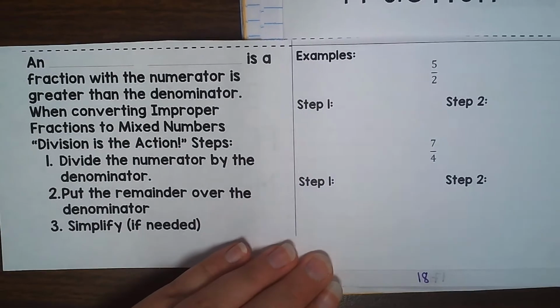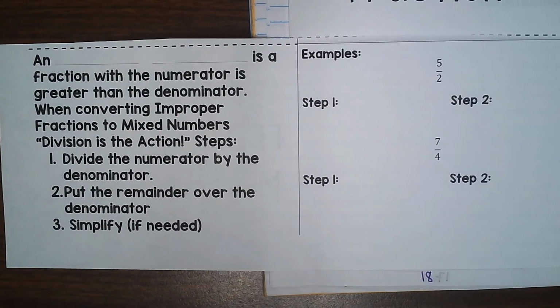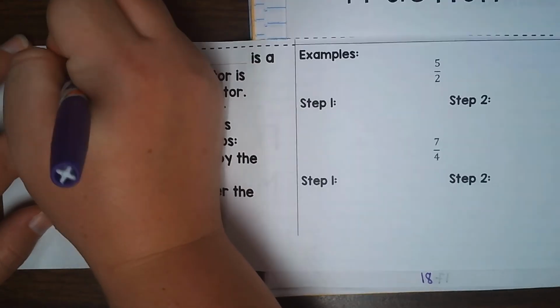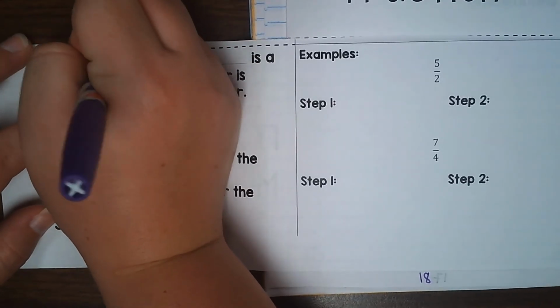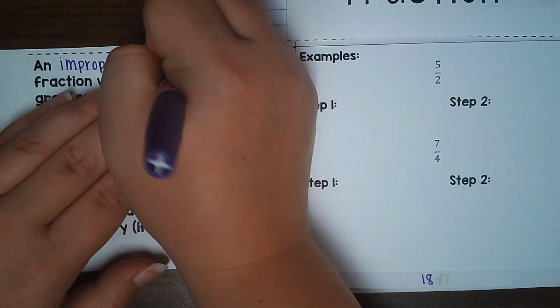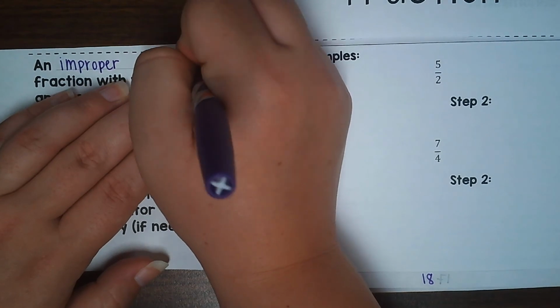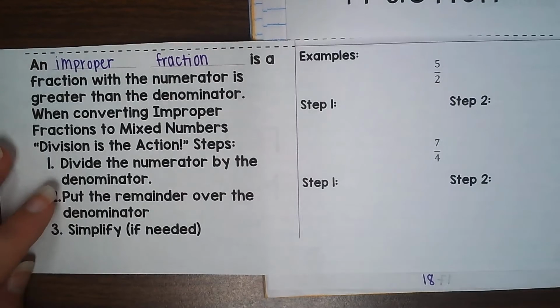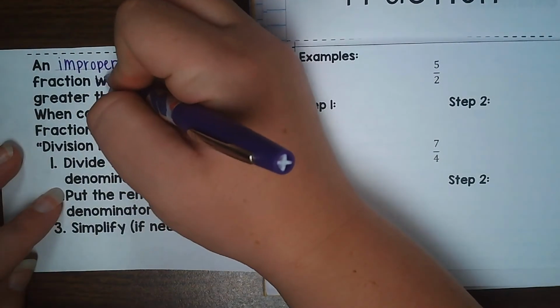And it says, an improper fraction is a fraction, and I think this should say where.